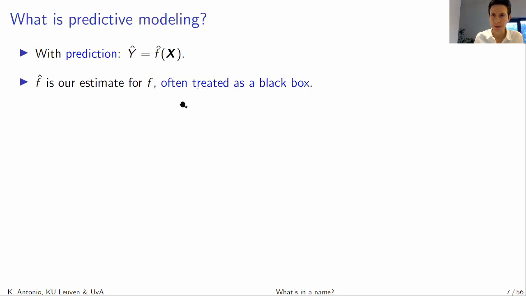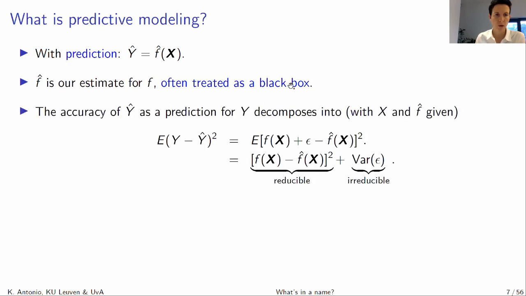That's a bit of an overstatement, I would say, a strong statement. But in principle, if my only interest is in delivering accurate predictions, I don't care too much about getting insights, about getting an understanding of this f hat. I could treat it as a black box, right? And what then matters is the accuracy of the y hat as a prediction for y.